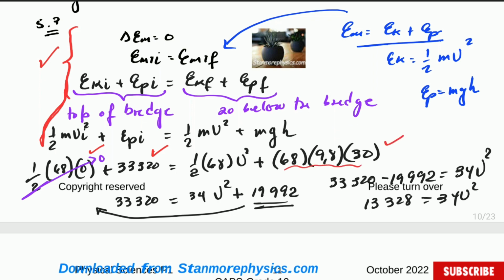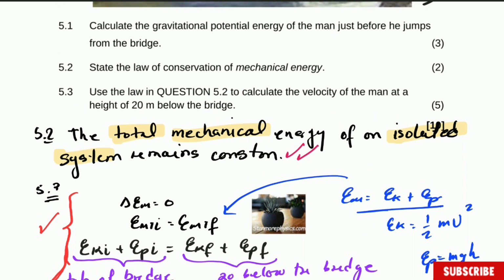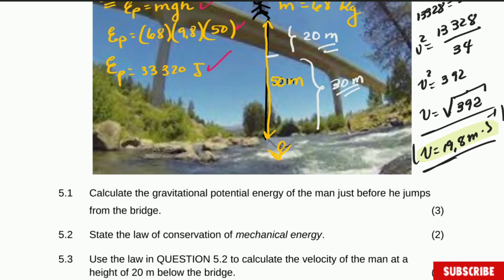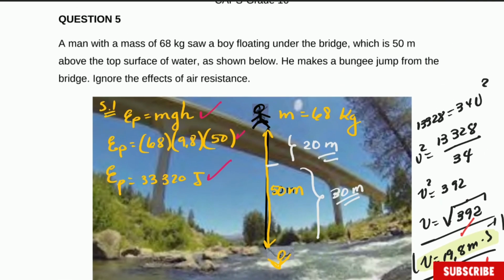And then, guys, the final mark. Now they're asking you for velocity. Velocity has a direction. You know the man is moving down, so at that specific point is moving down, so you will get that mark, but you must write here downwards or just down. And that is the end of this question, guys.